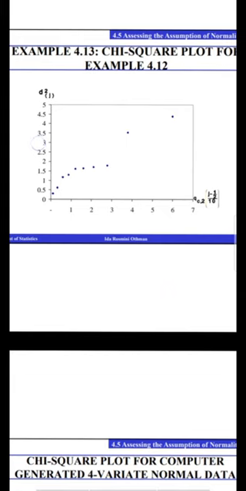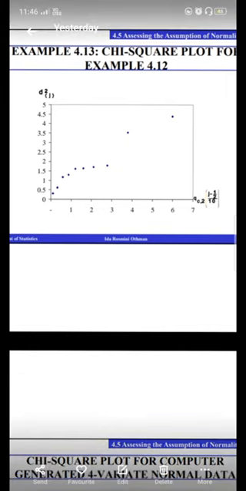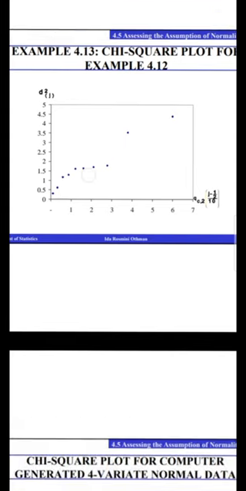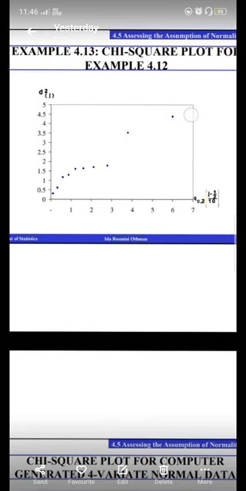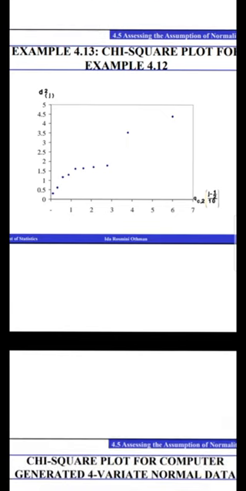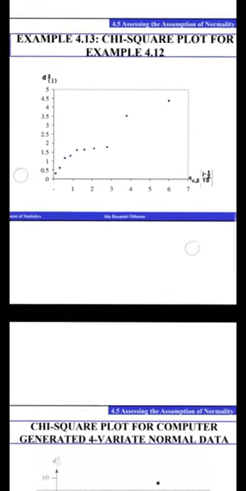Okay, so for this example, we can say that the points are reasonably straight because, kenapa? Because of straight line here having the slope approximately 1 and passes through the origin. Okay, right?